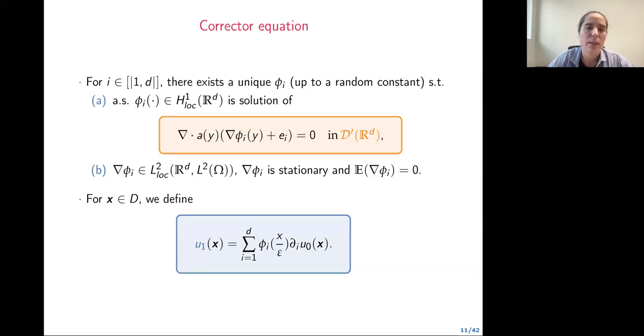The corrector is the solution to the following equation that is posed in the whole domain R^d, so a solution to a Laplace equation with our coefficient A over the whole domain. With the corrector, we can also define the first order corrector u_1, which is, as in periodic homogenization, the sum of the corrector times the derivative of u_0.